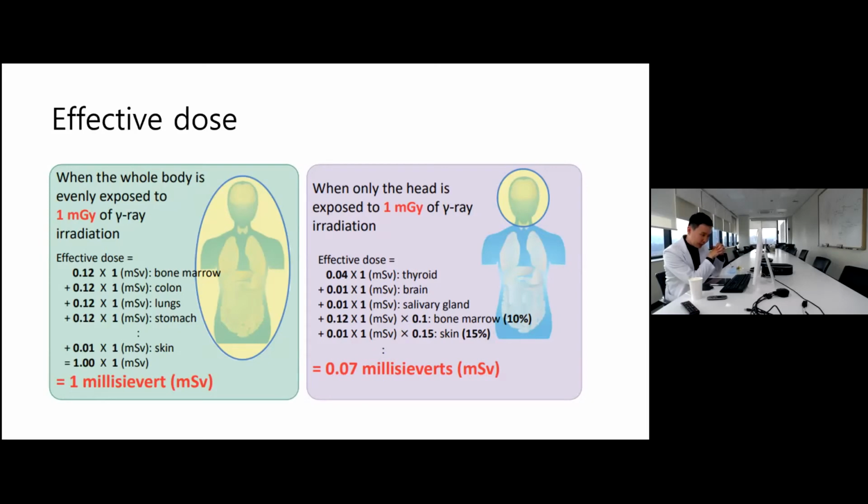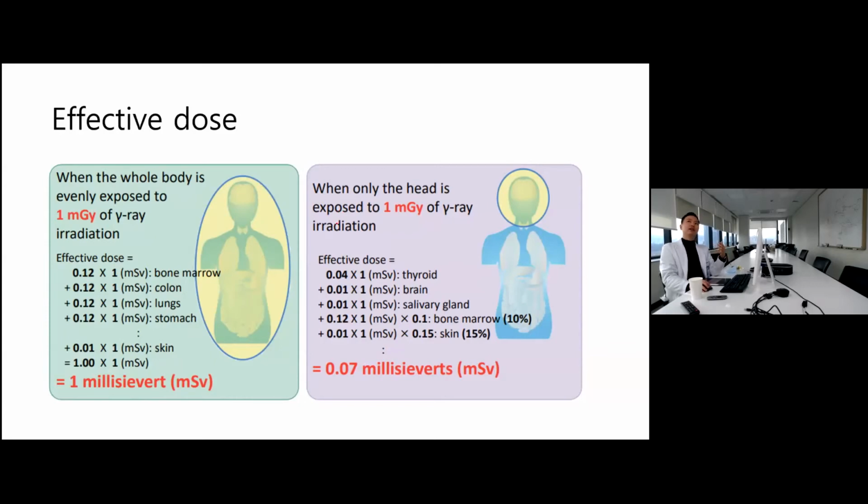So when the whole body is evenly exposed to 1 milligray of gamma ray radiation, we can expect the effective dose to be 1 millisievert. Since this is gamma ray, the radiation weighting factor is 1, so it should be 1 millisievert of equivalent dose. And if we multiply by each tissue weighting factor, it will come out as 1 millisievert.